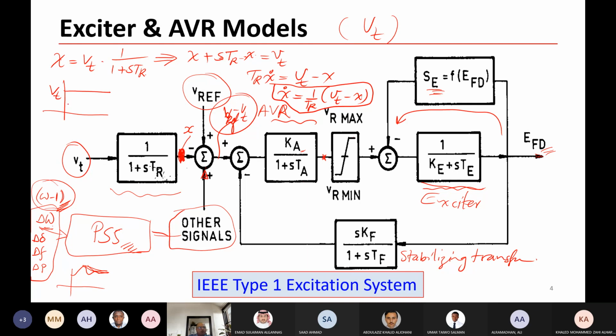X will change as a first order system. So this is X, this is VT, and this is the response of X as a first order system with the time constant equal to TR. If TR equals 0, that means VT and X will be the same, typically. There is no delay. TR here represents a delay. Is it clear? Yes, thank you. Okay.